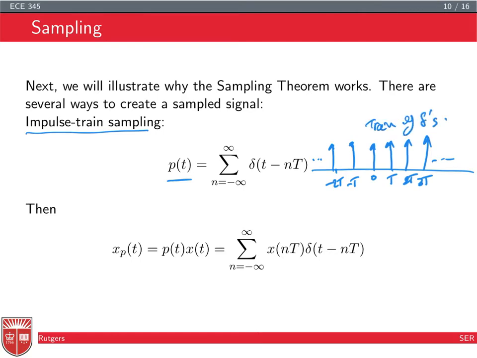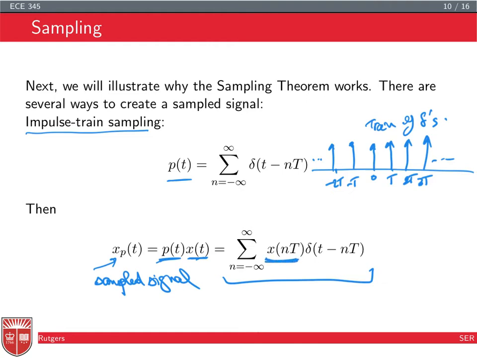So it's a train of deltas. And now what it means to sample a signal is that you're multiplying your signal x of t by this train of pulses. So in the end, what you get is the sampled signal, and it has this form. When you multiply by the impulse train, it's just picking up the values at multiples of t.